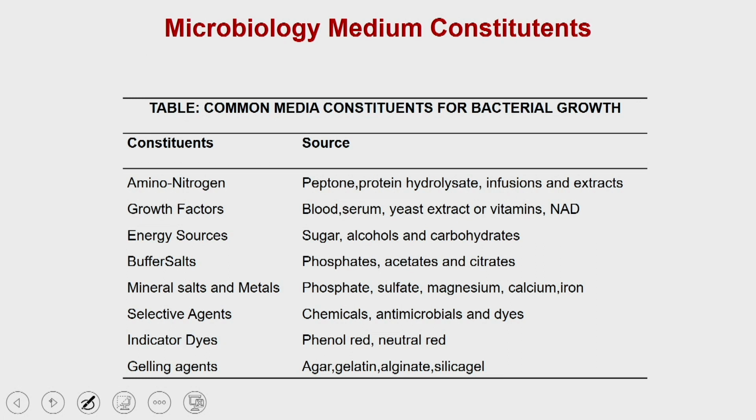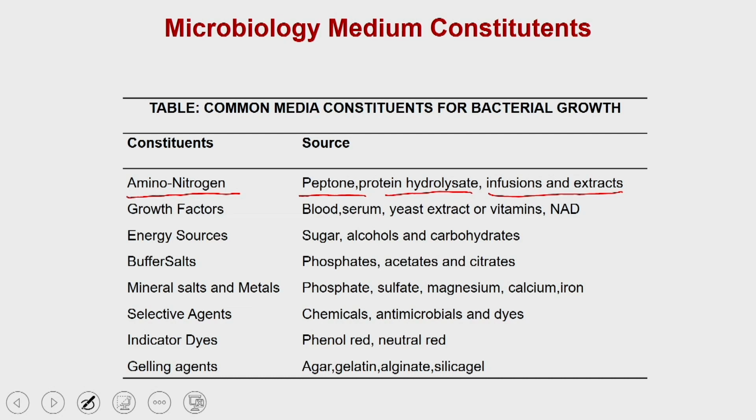For example, here I have shown the constituents as well as the sources from which you can get these constituents. If you want to produce amino acids, which are nitrogenous molecules, you need to have peptone, protein hydrolysates, and other kinds of extract in the media you are going to produce for the bacteria.